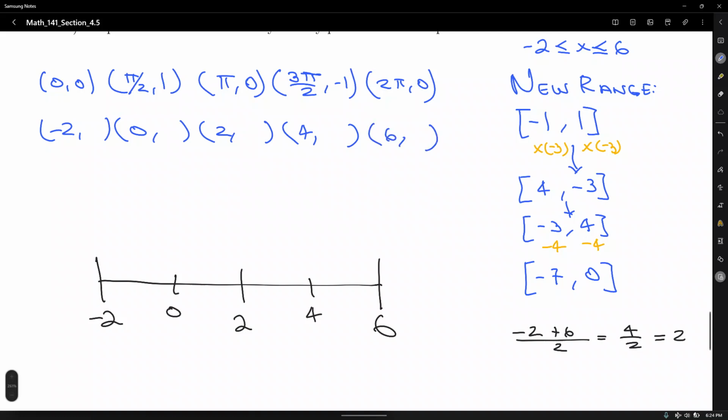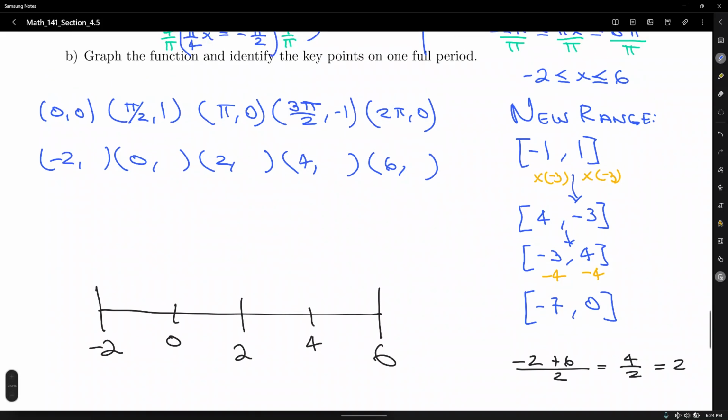All right, so how do we find the y coordinates? Remember what we did here? Multiply the y coordinates by negative 3 and subtract 4.